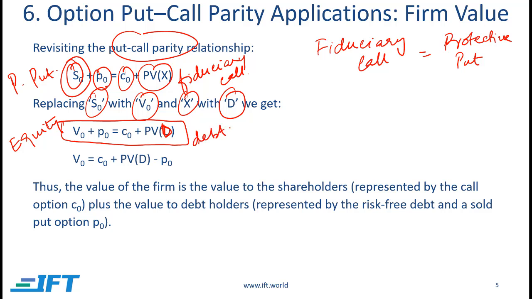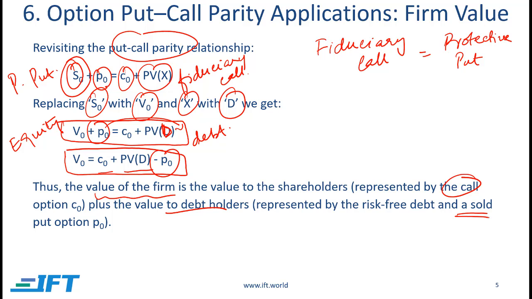And what they have done is made the value of the firm the subject of the equation, whereby they have said that the value of the firm is equal to, number one, the call option, which you see over here, plus the present value of the debt, minus the put option, because this becomes negative when it comes to the other side.